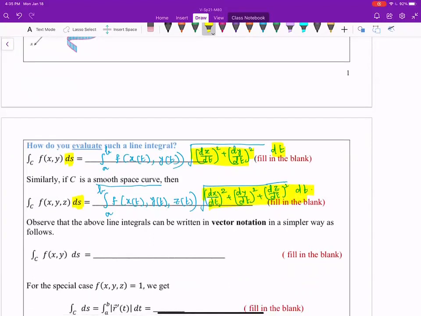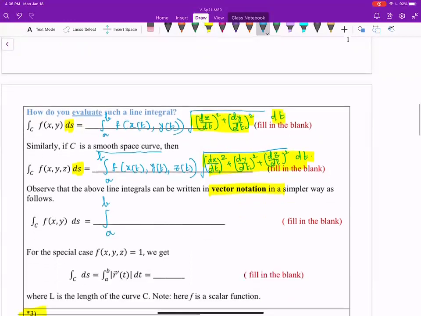Observe that the above line integrals can be written in vector notation in a simpler way as follows. The integral over C of f(x, y) ds in vector notation can be written as the integral from a to b, the bounds of the parameter t, of f of r(t), which is the space curve, times the length of r prime of t, dt.